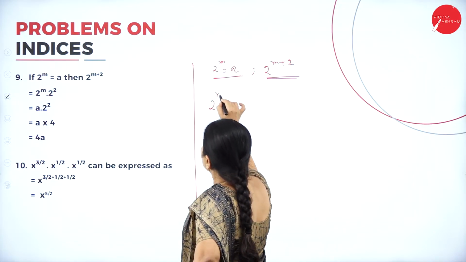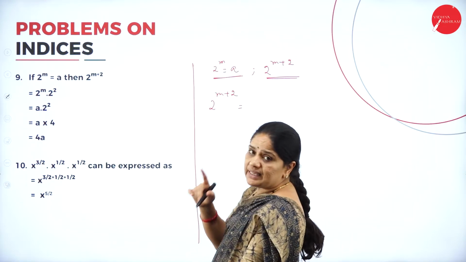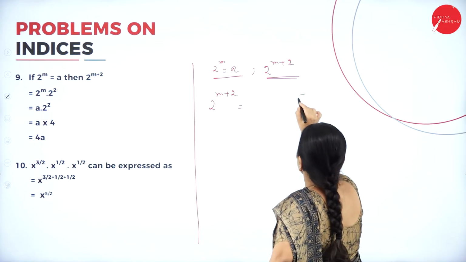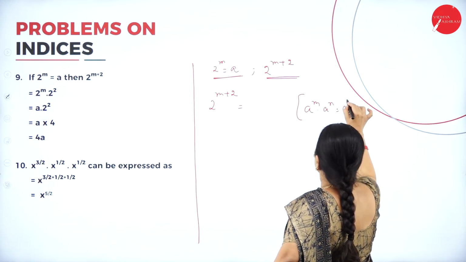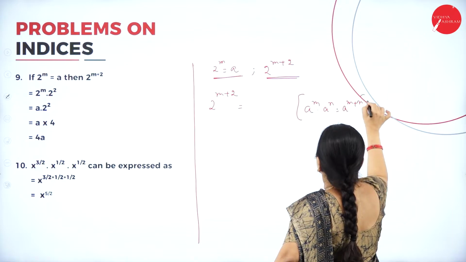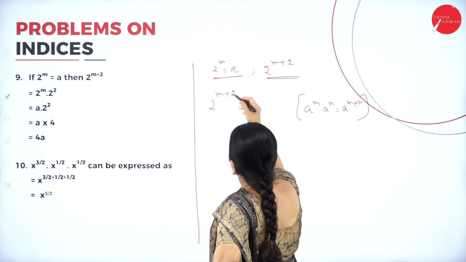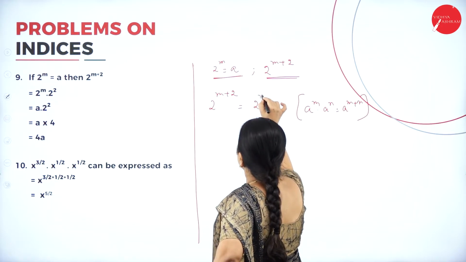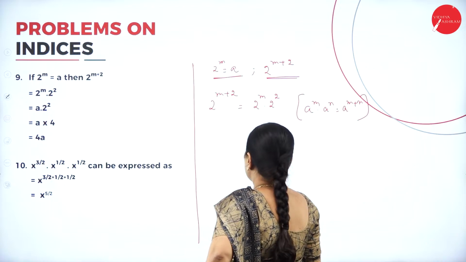You can apply the first law. What does the first law tell us? a to the power of m into a to the power of n equals a to the power of m plus n. Now, 2 to the power of m plus 2 can be written as 2 to the power of m into 2 to the power 2.